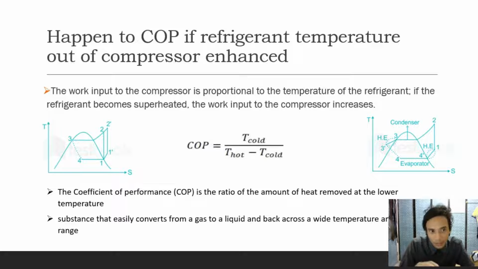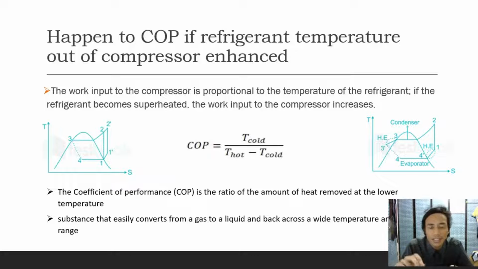So next, discussion number 6, which is: if the refrigerant temperature that comes out of the compressor is enhanced, what happens to the coefficient of performance, or COP, of the refrigeration system? In the actual refrigeration unit, the vapor is in a superheated state, isn't it?